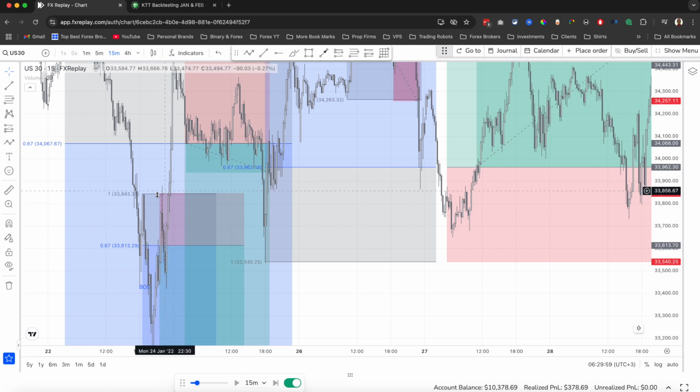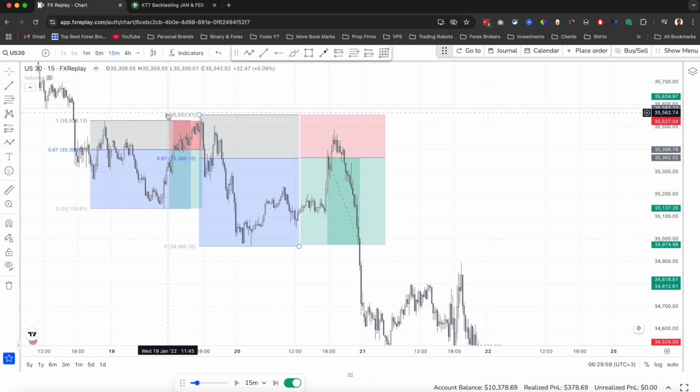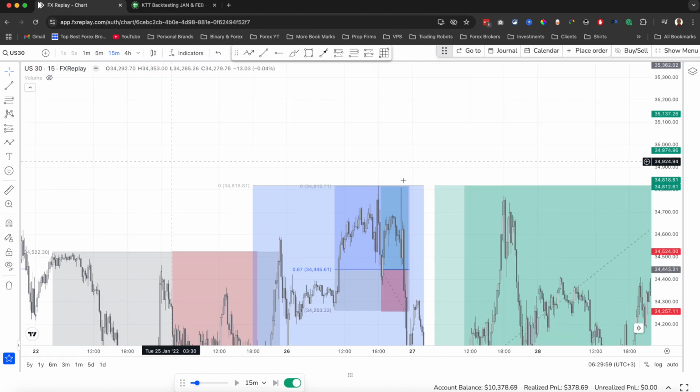What happened here is that maybe we could have put our stop loss on top of this. We could have used a bigger stop loss because there was a fair value gap over here. Maybe the price went up to that fair value gap before going down, right?